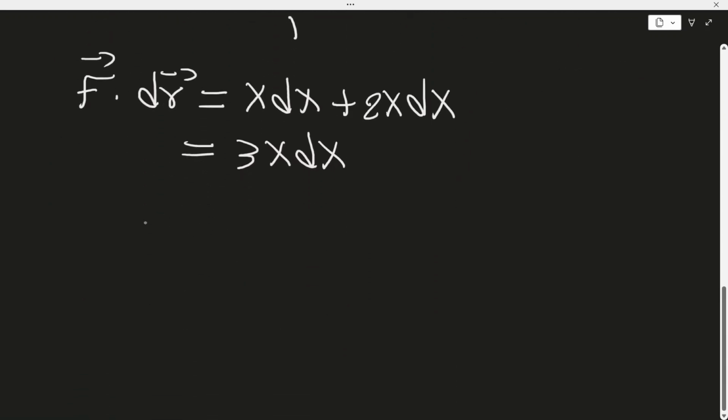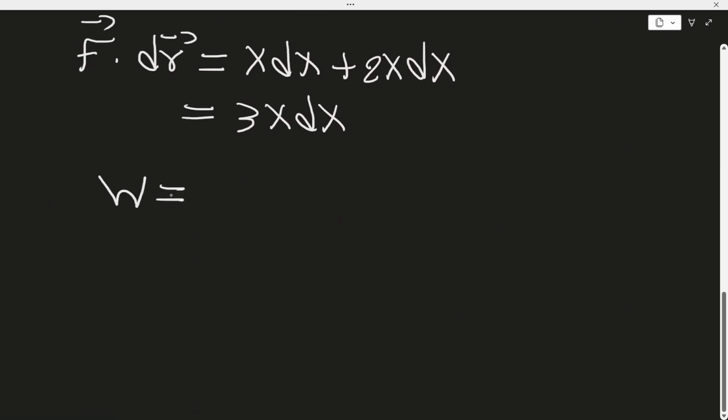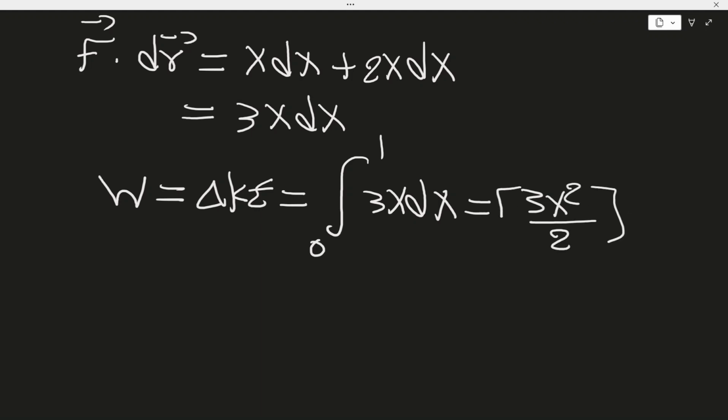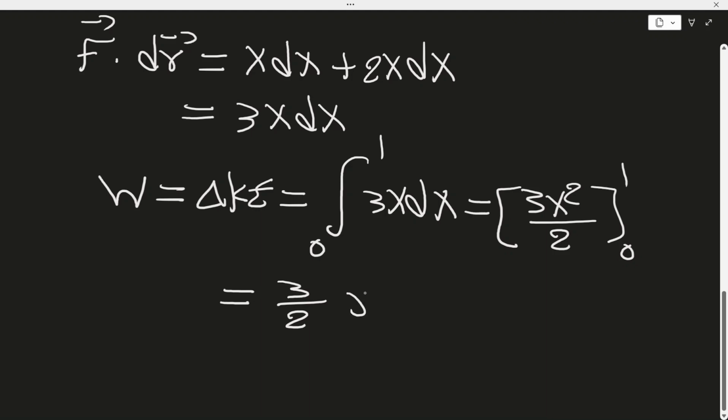So work, which is equal to the change in kinetic energy, is equal to the integral from 0 to 1 of 3x dx. This is very elementary and can be solved easily. We can write it as 3x squared divided by 2, from 0 to 1, which easily gives me 3 over 2 joules. So this is our work.